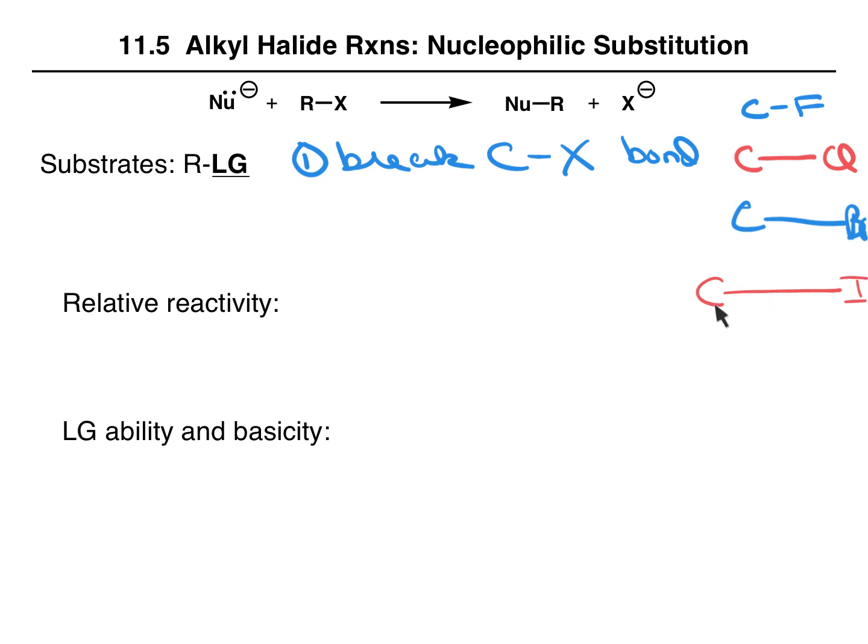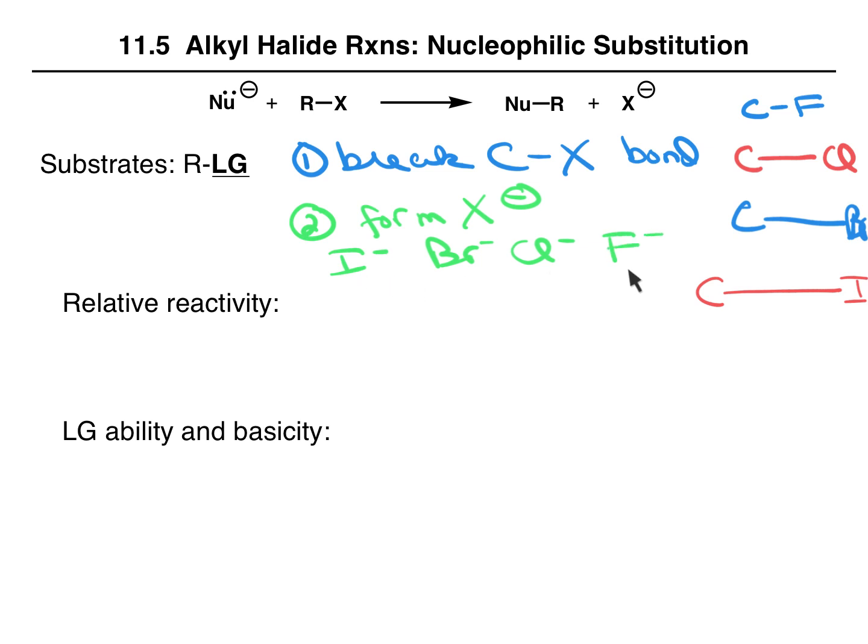Iodine barely knows the carbon is there, and so breaking this bond is going to be a lot easier than breaking the others. Another way to think about this is that when a leaving group leaves, you form X minus. So let's think about I minus versus Br minus versus Cl minus versus F minus.